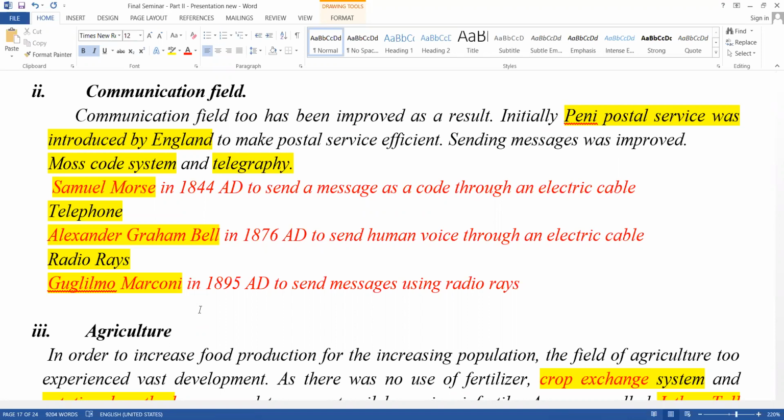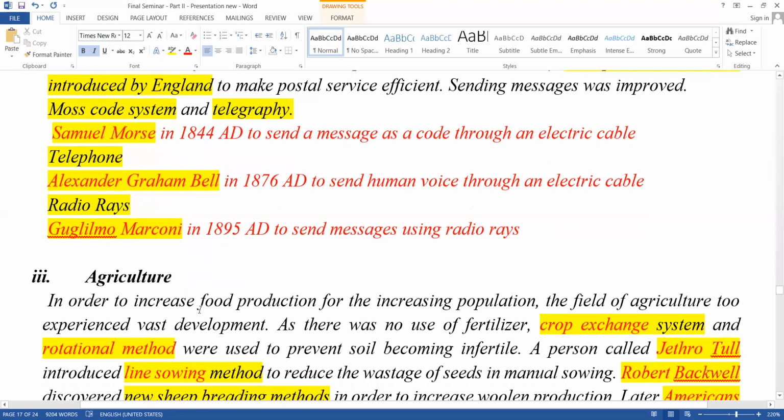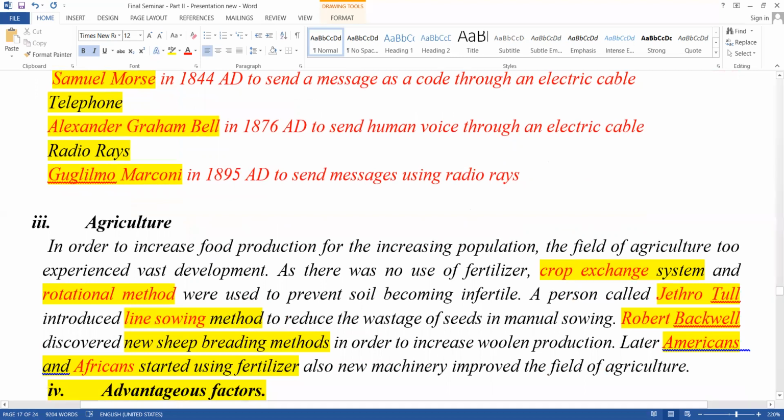There was no use of fertilizer, so the land became infertile. To prevent that, they used the crop exchange system and rotational system. Then you can write about the line sowing method of Jethro Tull, and Robert Bakewell's new sheep breeding methods. And you can write about Americans and Africans using fertilizer.